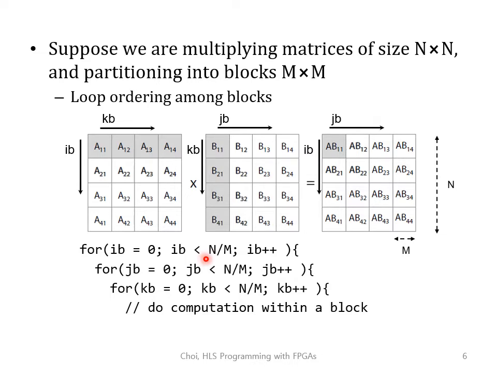And in order to compute AB11, we're going to traverse the KB loop, this one, which is fetching a block of A and fetching a block of B. So A11, B11, multiply and add, A12, B21, multiply, add, and so on. So that's the role of the KB loop, this one.